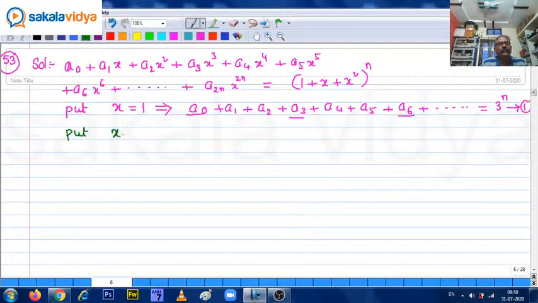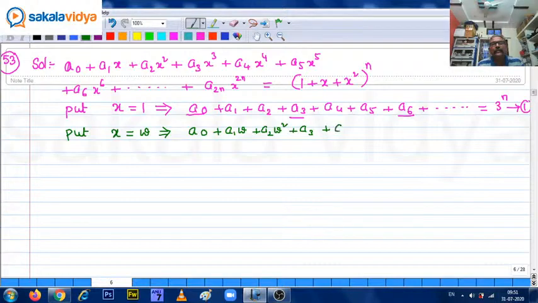Put x equal to omega. If you put omega, first one is a0, next one is a1 omega, next one is a2 omega squared plus a3 omega cubed. Omega to the power of multiples of 3 is 1, so a3.